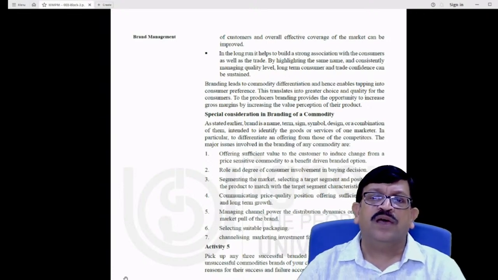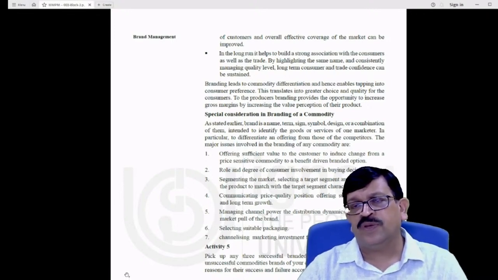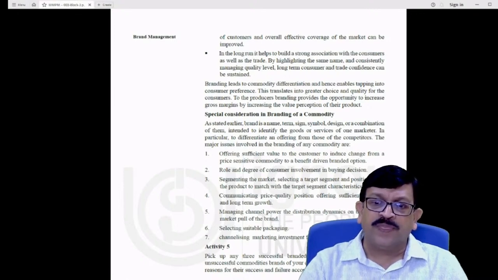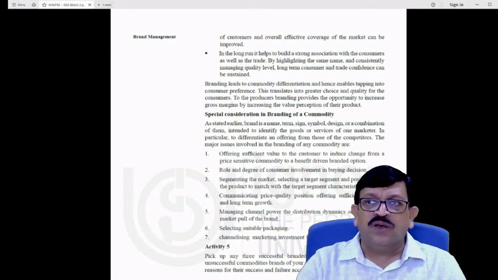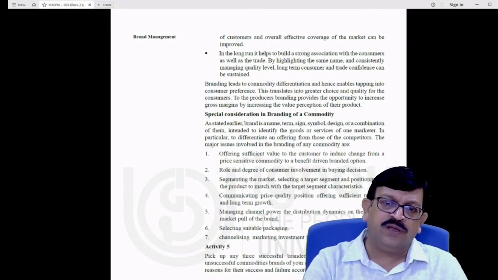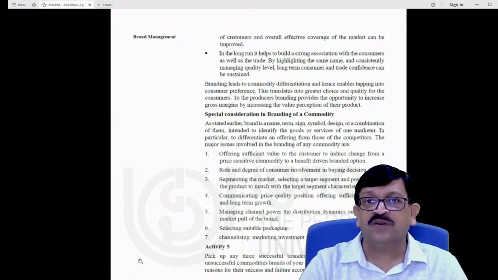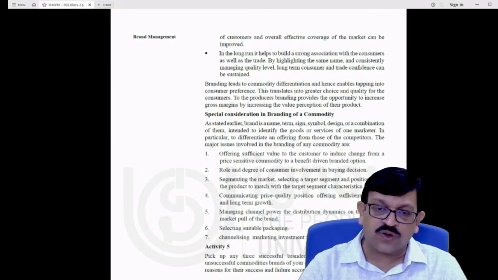Today packaging plays a very important role in the promotion of these branded commodities, because it is like a silent salesperson, as we have seen in the product planning process. What needs to be captured in the packaging is of crucial importance. That is why packaging is often considered a silent salesperson, and it also lends a very strong impact to the branding.